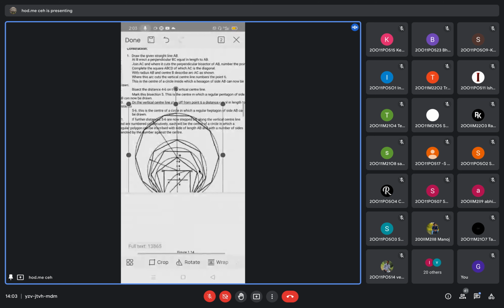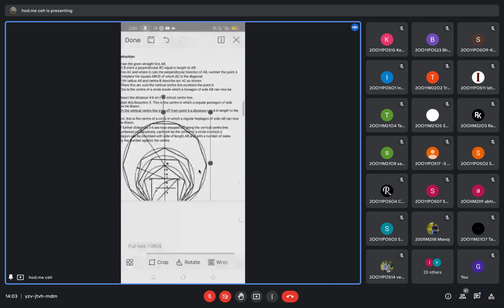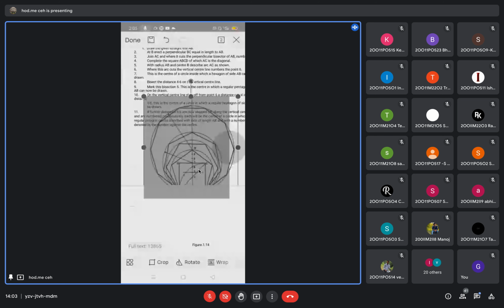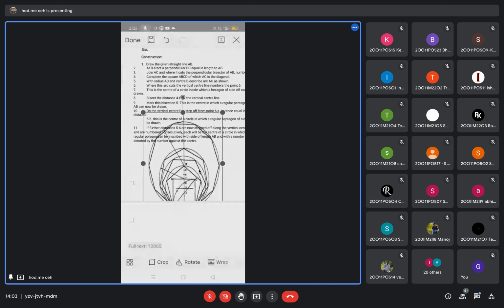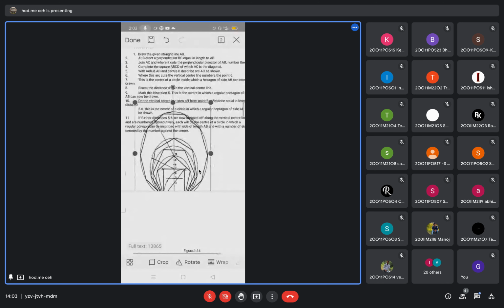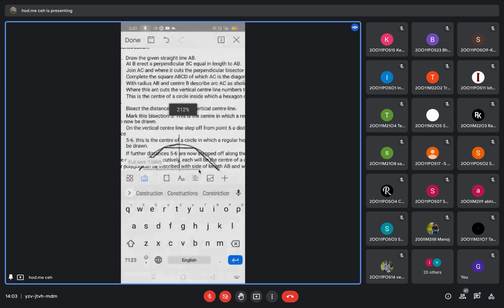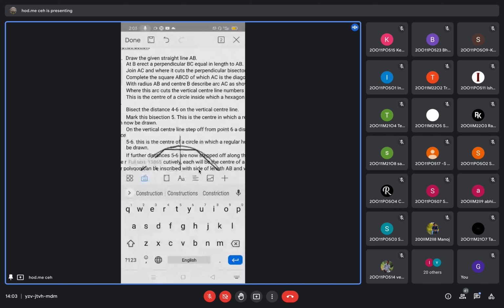The pentagon is shown, and the different vertical lines give the heptagon, the regular polygon. Okay, see, three types are shown in the diagram of the geometric construction. The diagram is clear for you.